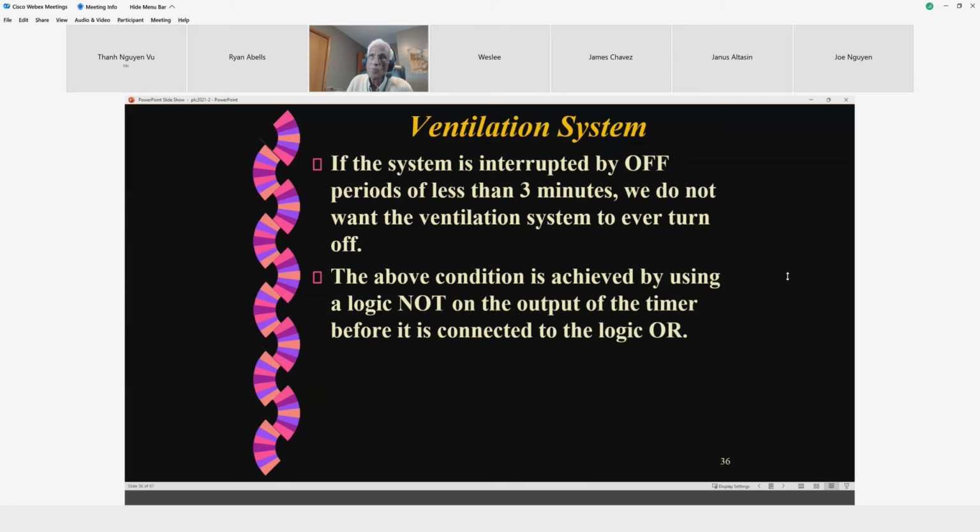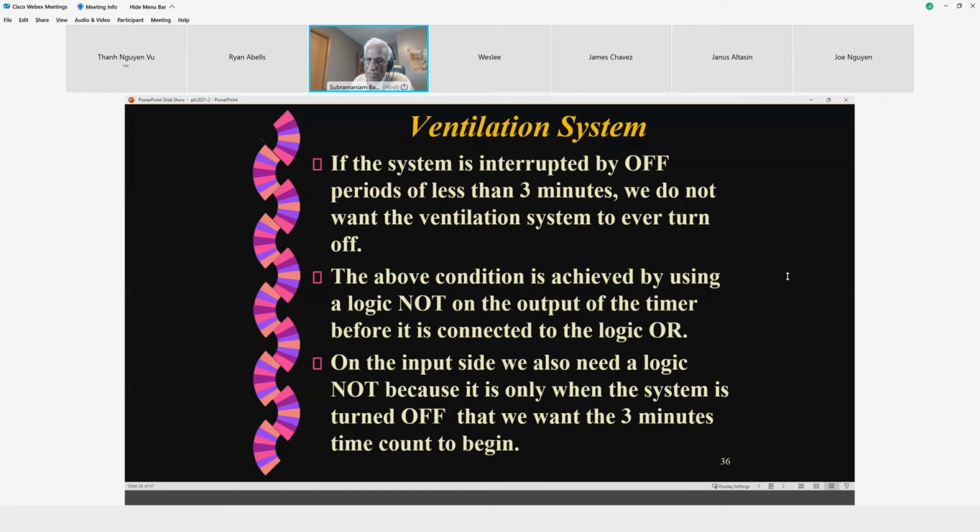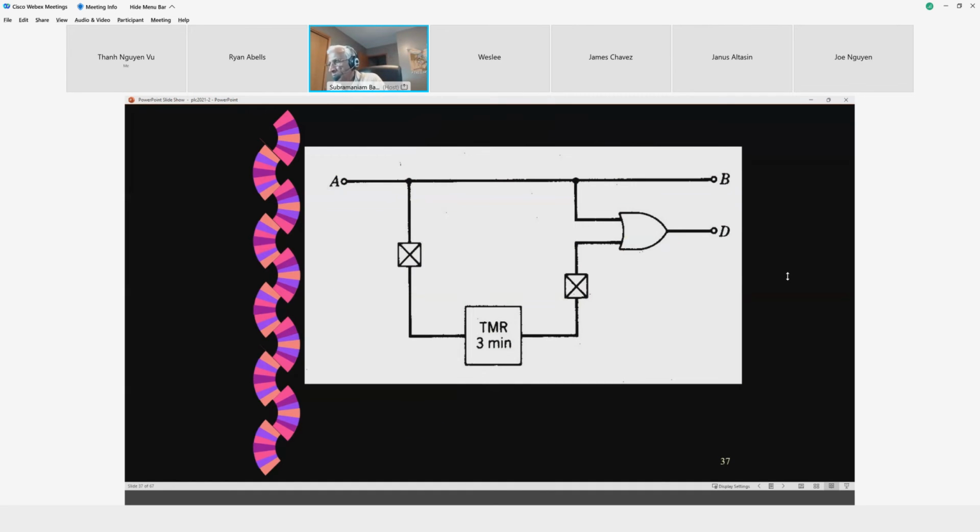So looking at the problem statement, if the system is interrupted by off periods of less than 3 minutes, we don't want the timer not to do its job. It should still go for the 3 minutes. So what we have to do is to bring in another NOT operation in the input to the timer, in order to do its job.